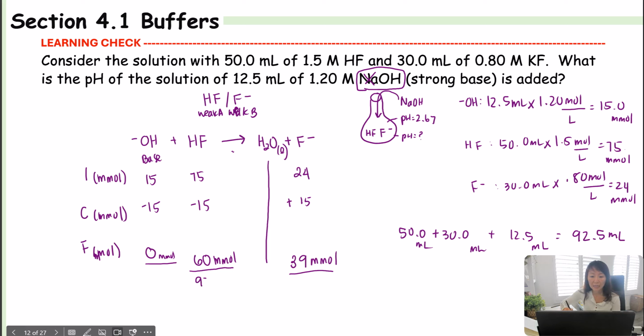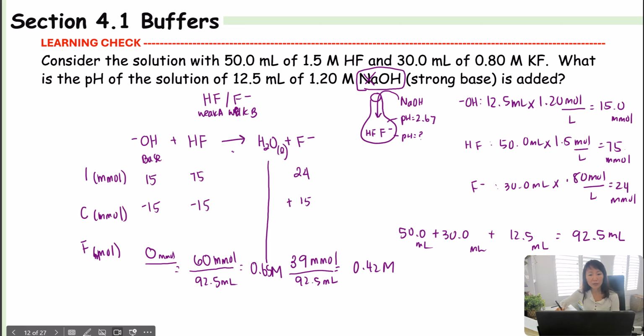So here, 92.5 ml, 92.5 ml. And if you were to calculate this out, you should get the molarity of this one to be 0.65 molarity and this one to be 0.42 molarity. If this is too fast, pause and then try it yourself.